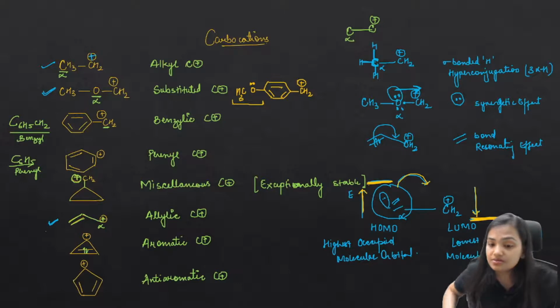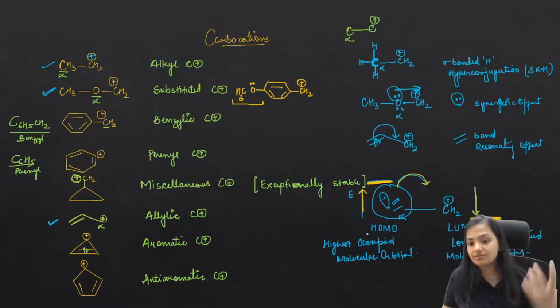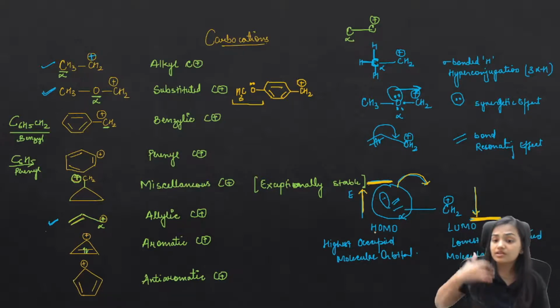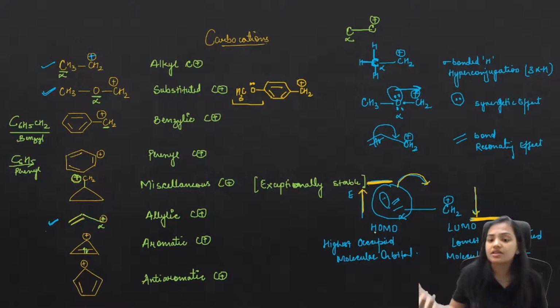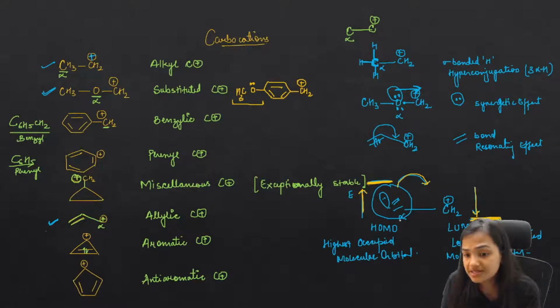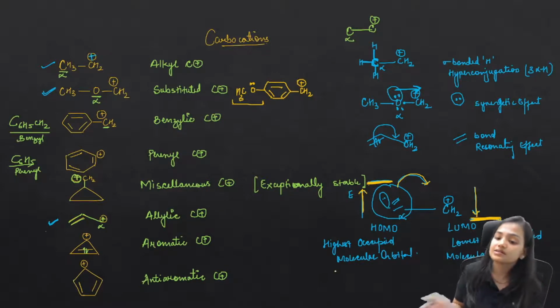So HOMO means they have to be a better nucleophile, a better donor in nature. Any species which is a better nucleophile will better stabilize the carbocation.